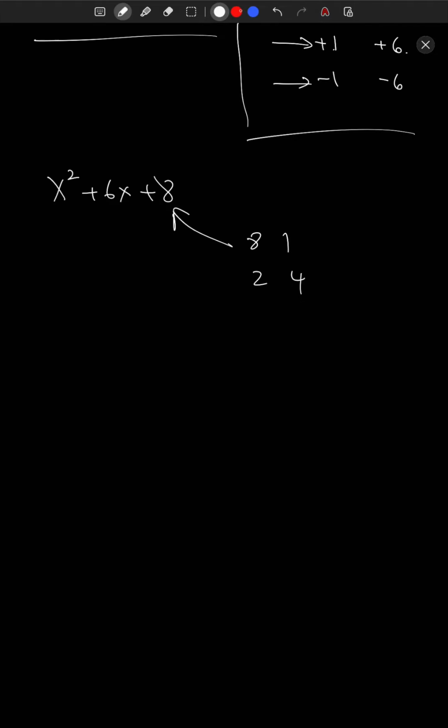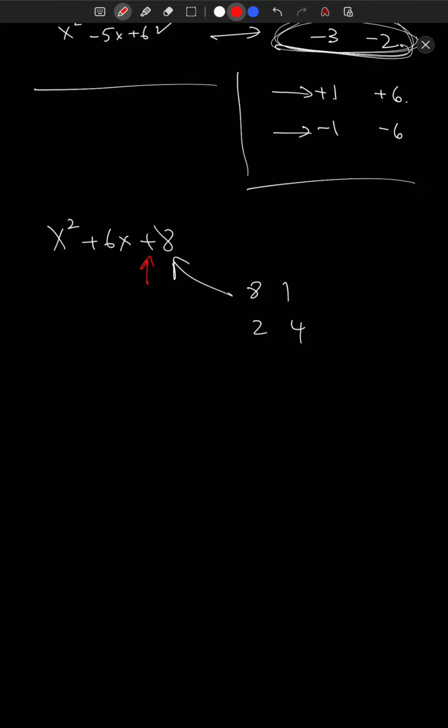Let's see. We have a plus 8. So the product of them has to be plus 8. So that means I either use 8 and 1 or negative 8 and negative 1. Or I use 2 and 4 and negative 2 and negative 4, right? I can't have mixed signs. I can't have 2 and minus 4 because their product would be negative 8.